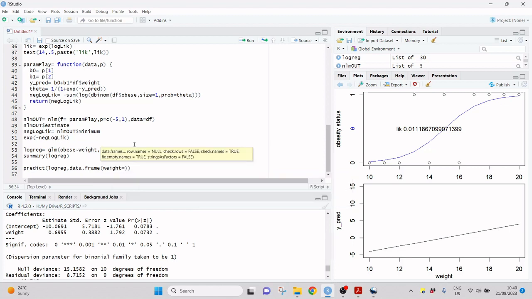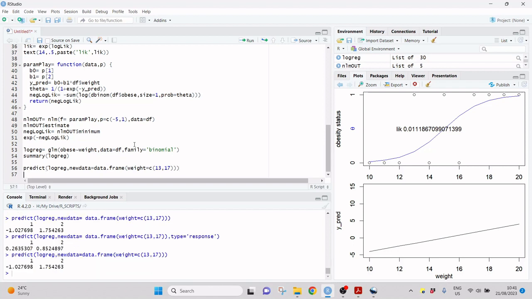We are not going to have to give all of the other stuff that was in this data frame, and so we said we wanted to predict one mouse that's 13 and one that's 17. Yeah, so we could put this in like this, or we can call this one new data as an argument, and then let's just see what we get out here. And you see we get these two values, and so it's again the case that these values are on this case where we have the line rather than up here in the space of our data.